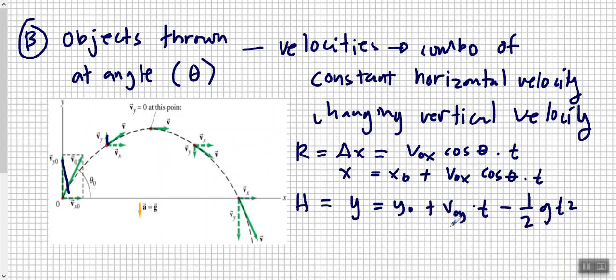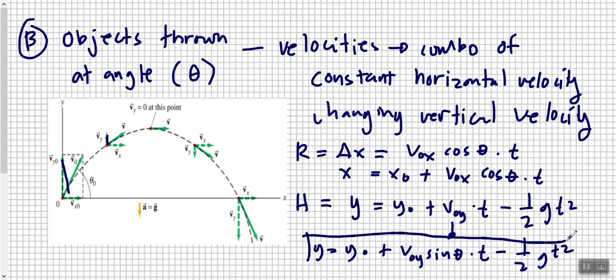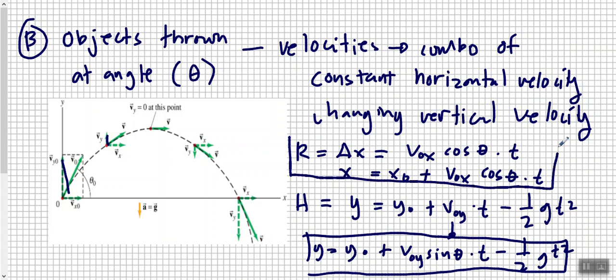We can also plug in the component, so we now have v sine theta times t minus 1/2 gt squared. So that's our working equation to find the maximum height, the y, and then this one to find the range.